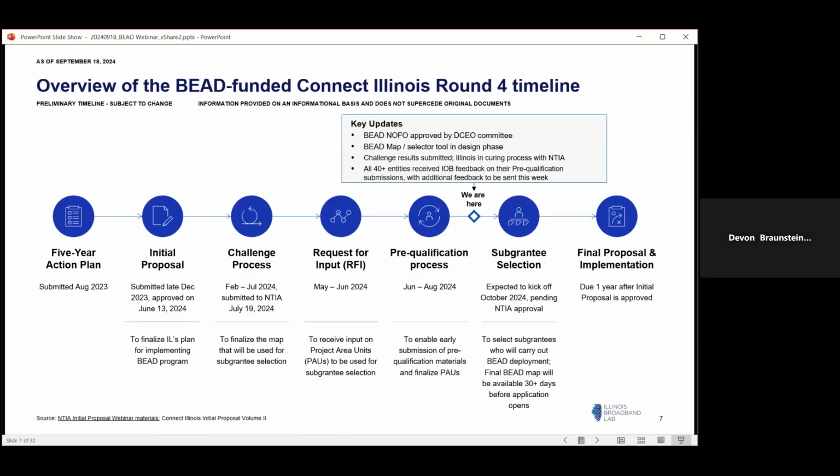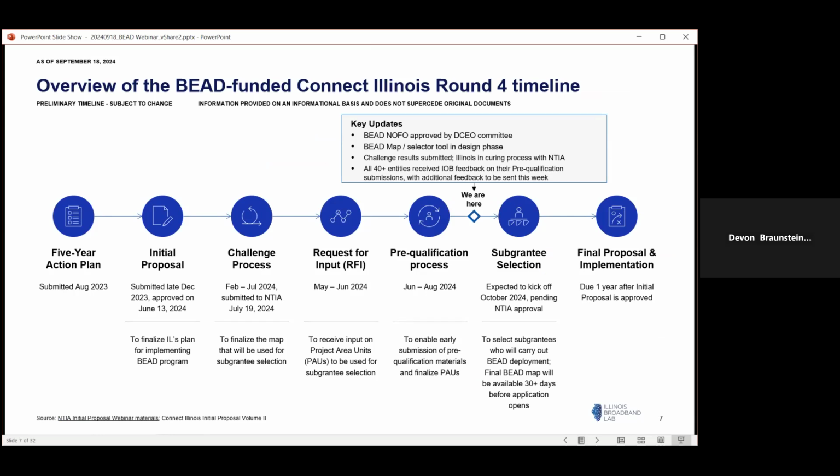Hopefully folks are pretty familiar with this timeline right about now. We are wrapping up our pre-qualification process. I have in my inbox some final feedback on the remaining pre-qualification submissions, so expect those in your inbox likely today or tomorrow if you have not gotten those already.